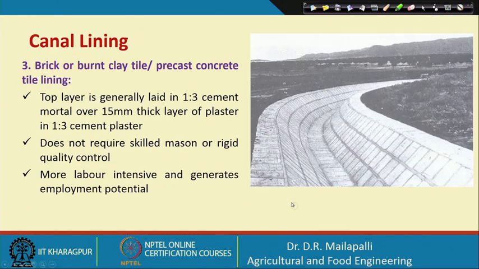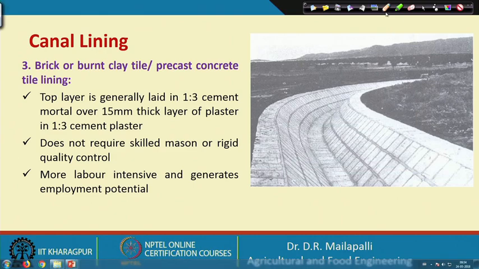And then the next is the brick or burnt clay tile or precast concrete tile linings. This is not very expensive and skilled operators or masons are not required in this case. The top layer is generally laid in 1:3 cement mortar over a 15 thick layer, the plaster or 1:3 cement plaster. Okay.